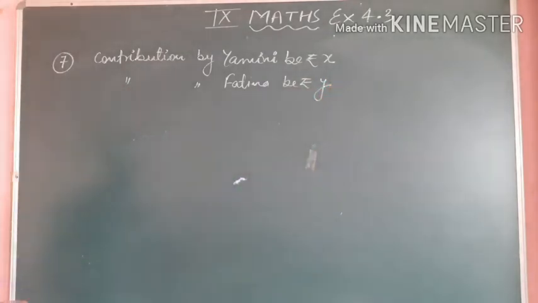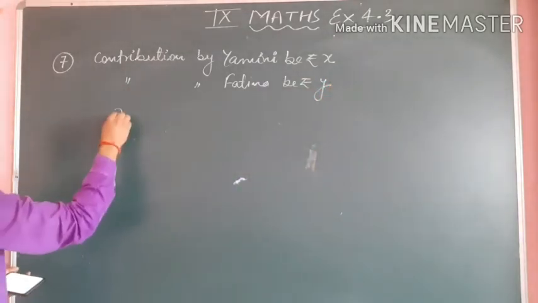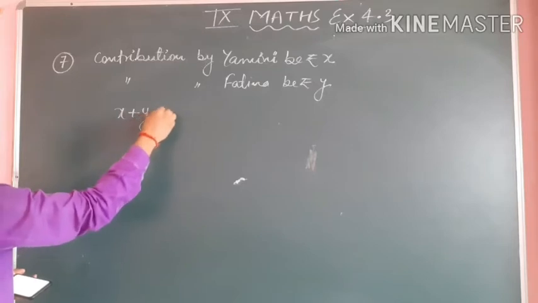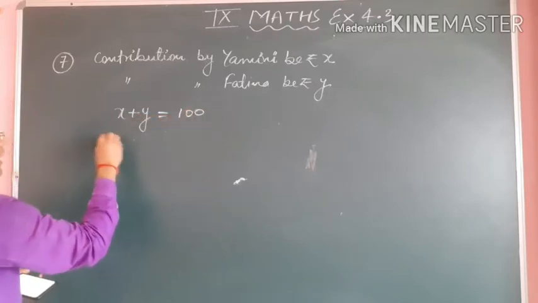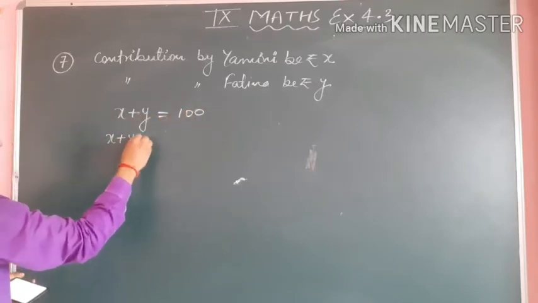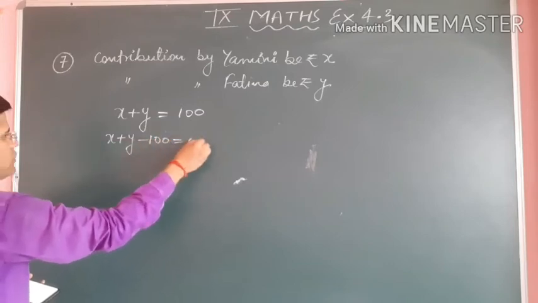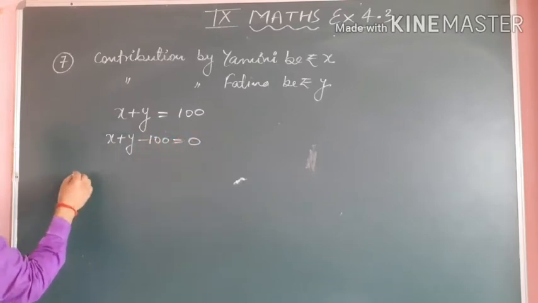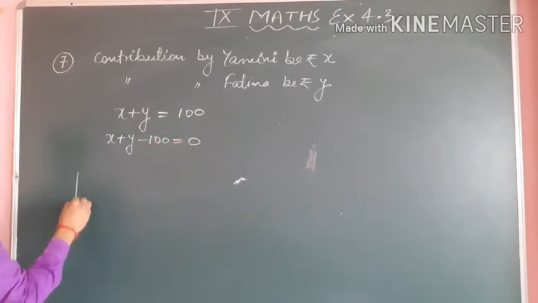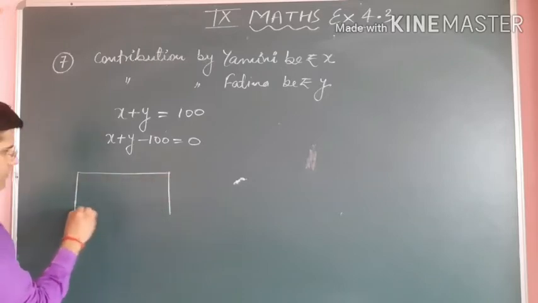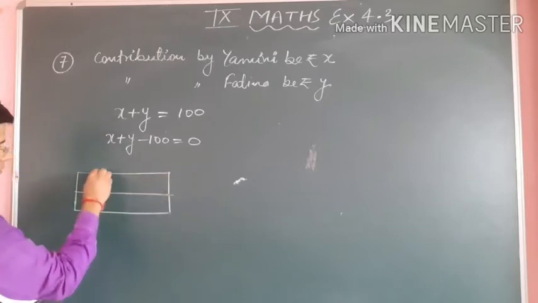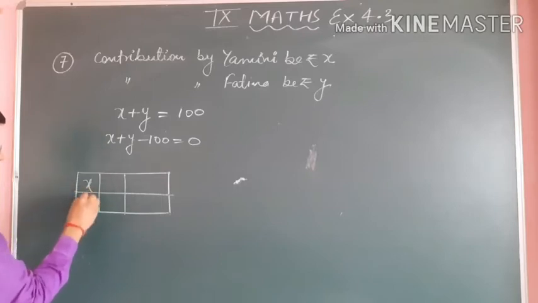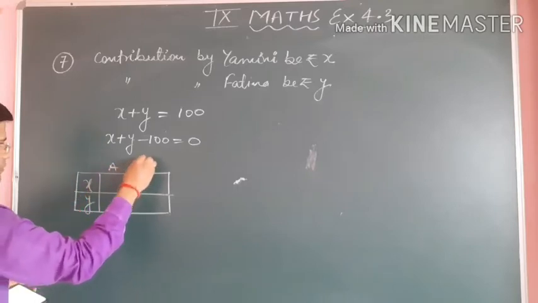They both together give 100 rupees. So x plus y equal to 100, and x plus y minus 100 equal to 0 is that equation. So we have to find the coordinates x and y, coordinate A and coordinate B.